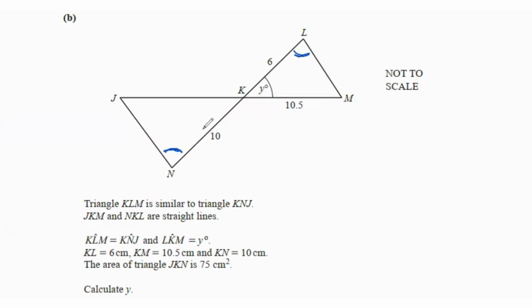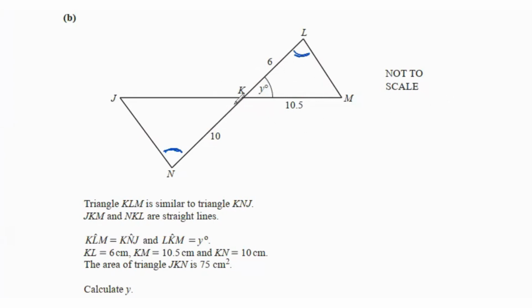KL is 6. KM is 10.5. KN is 10. The area of the triangle JKN is 75 centimeters square. Calculate y.